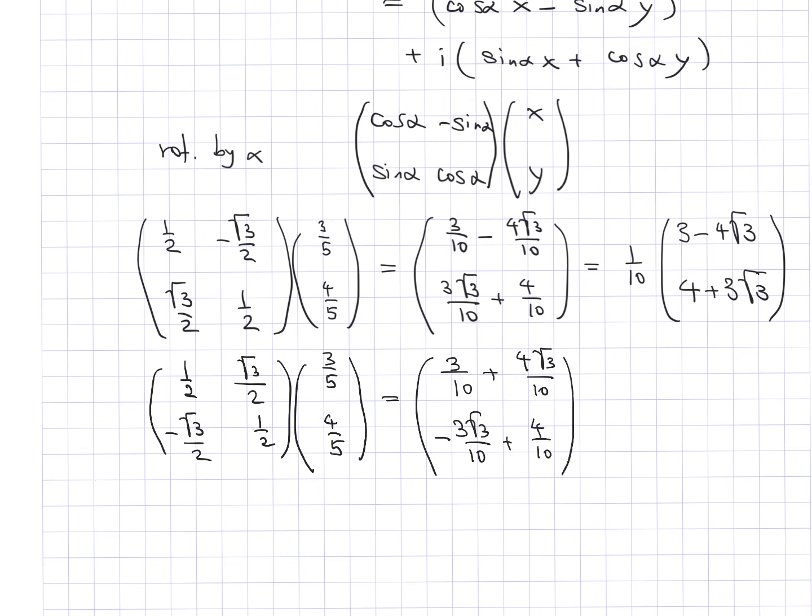That's a very small negative y component. Okay, so this is 1 over 10 times 3 plus 4 times square root of 3, and 4 minus 3 times square root of 3. So this is supplementary. I don't really expect that you know how to do that. I thought if somebody might be interested in how you get the solution easily, that would be a way to do that.